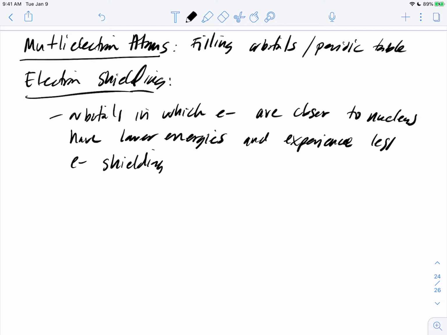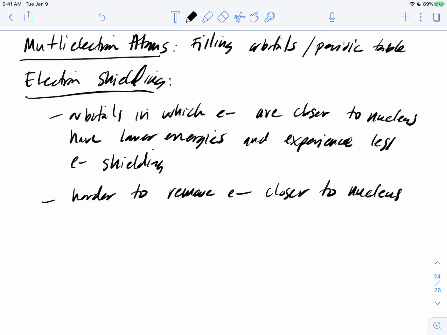What that means is that it is harder to remove electrons closer to the nucleus, because there's a stronger attraction.